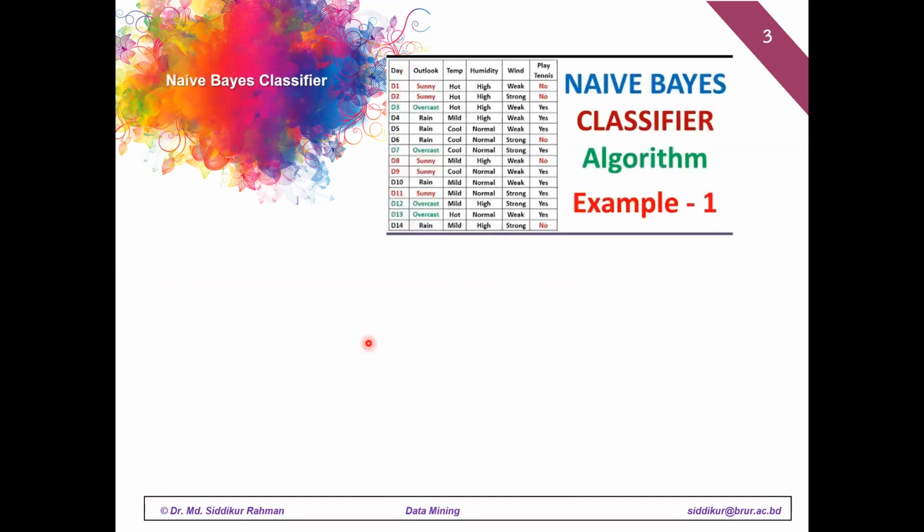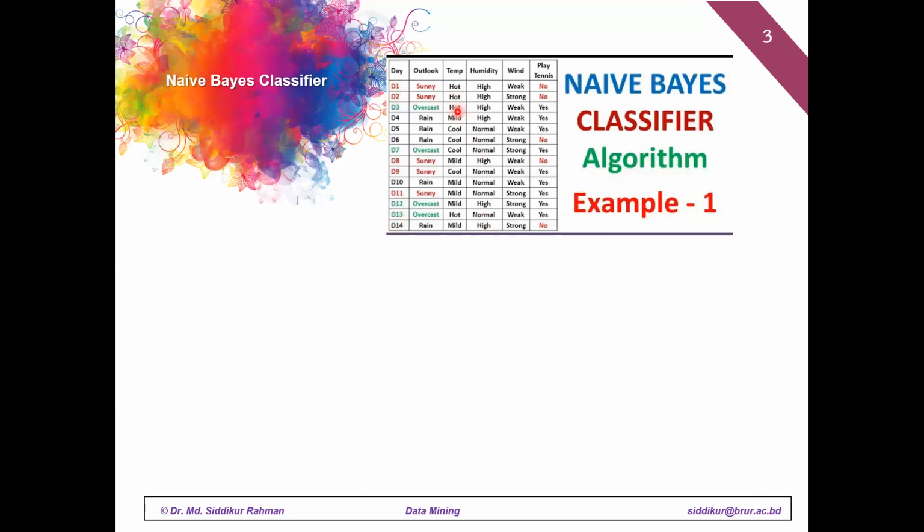So consider another example. You can see day number 1, day number 2, up to day 14. So there are 14 days, and the weather condition, the outlook, might be sunny, overcast, rain, right? And the temperature: what is the nature of the temperature for a particular day, from the first day to the last day, that means 14 days?